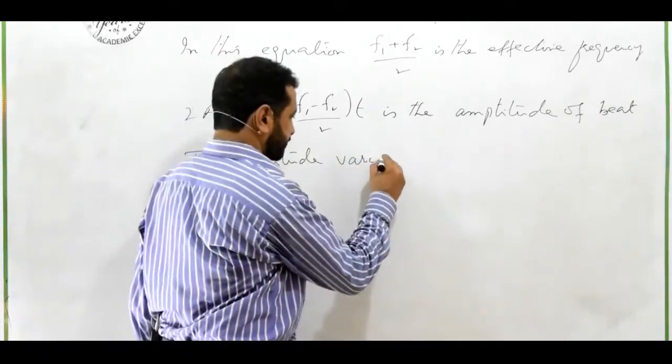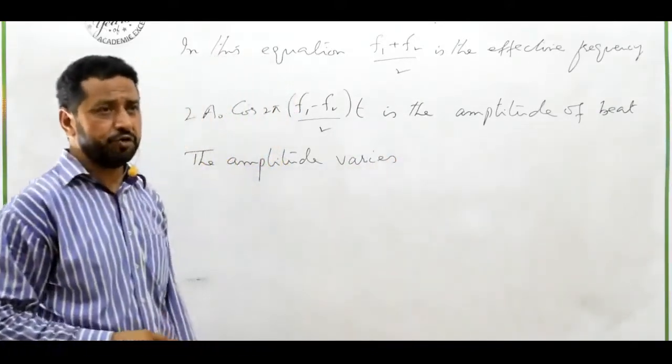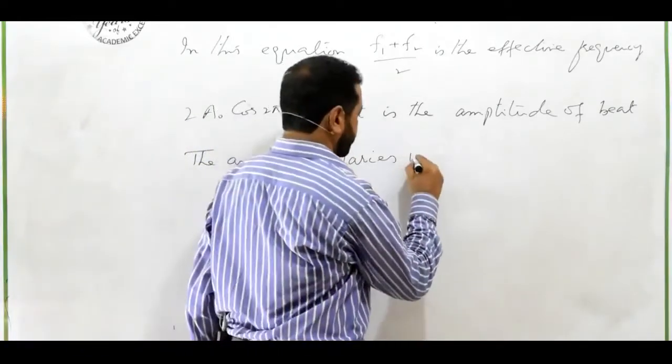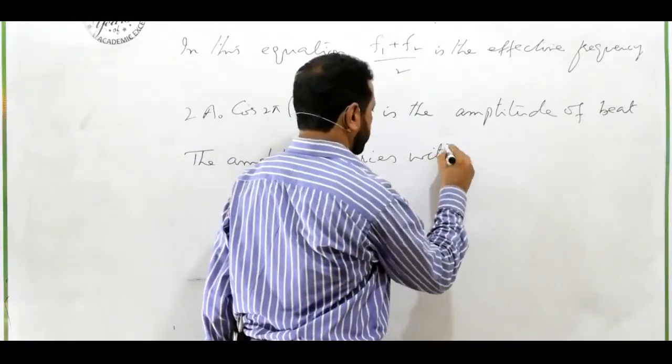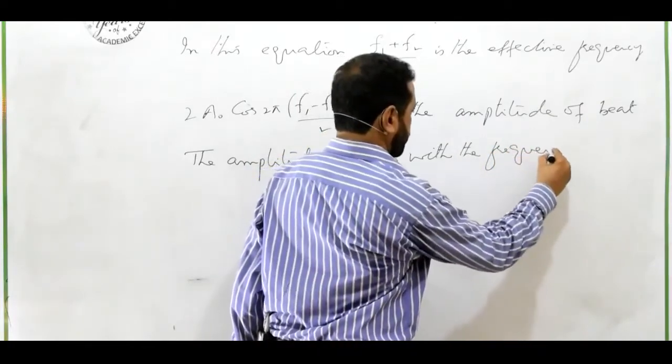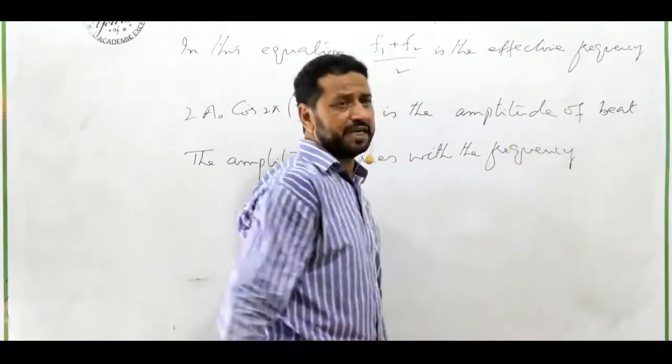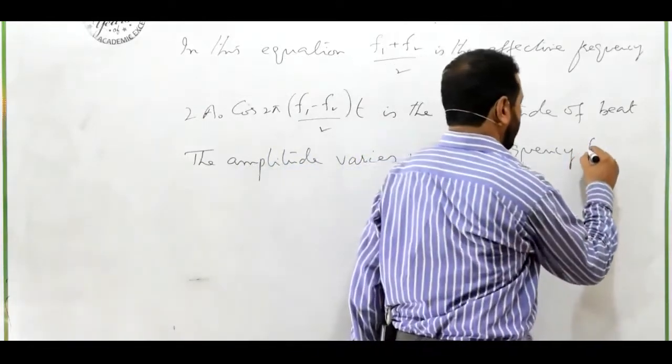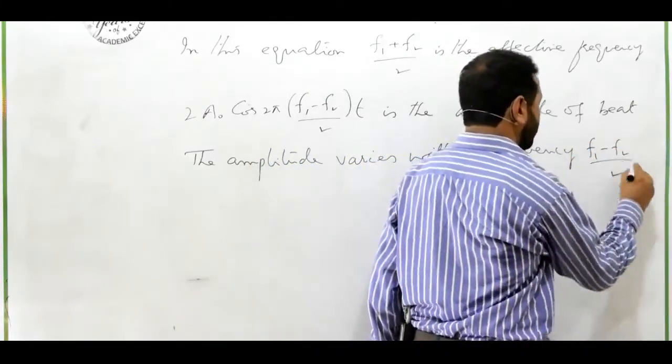The amplitude varies with the frequency (f1 minus f2) divided by 2.